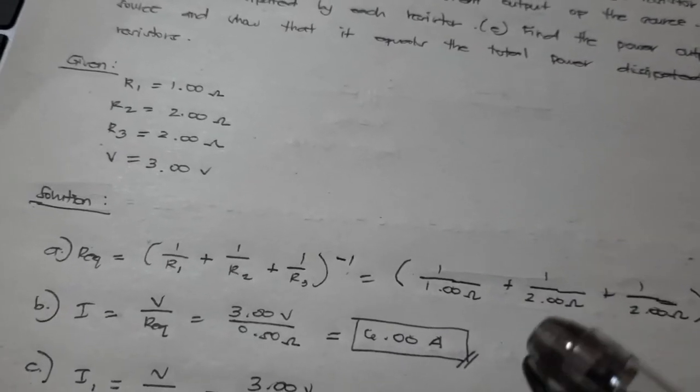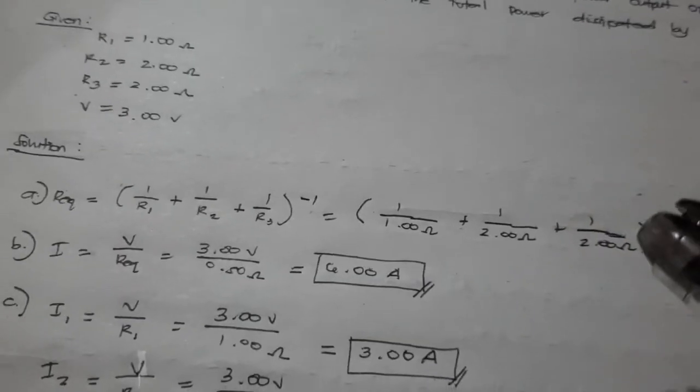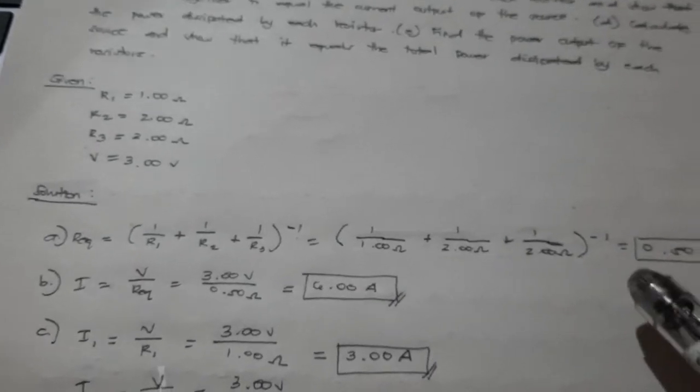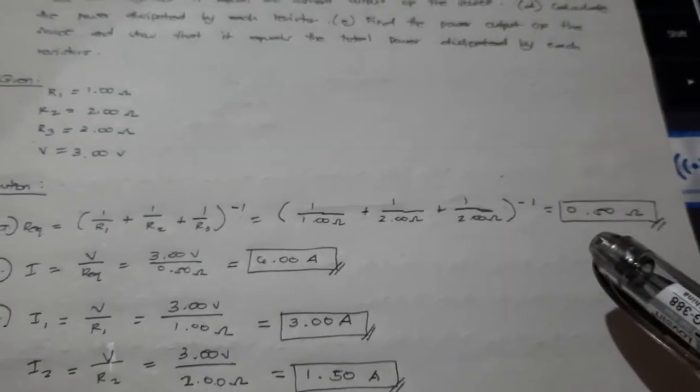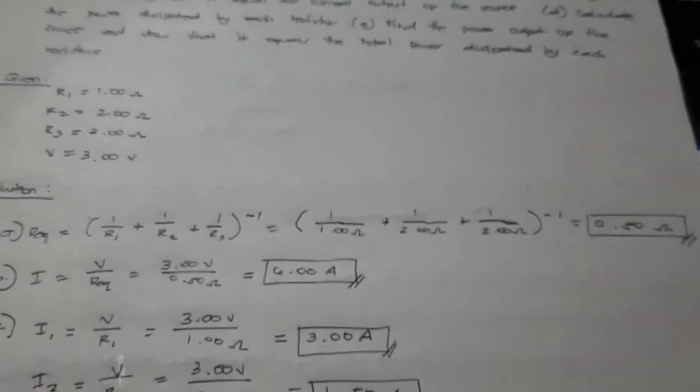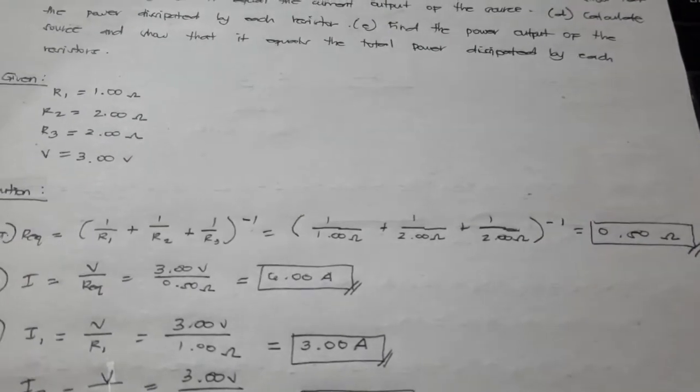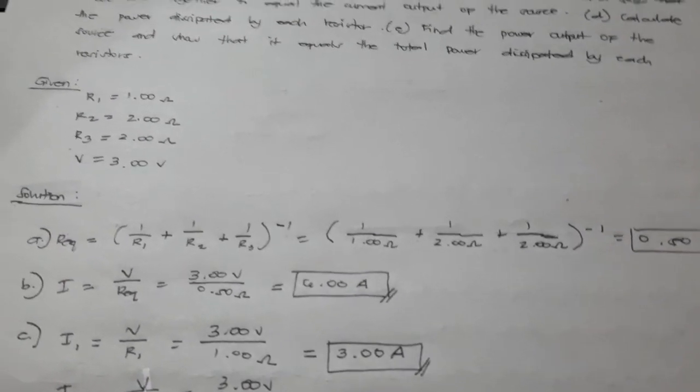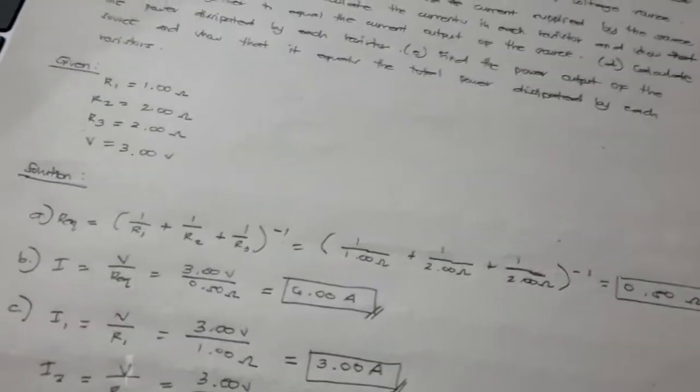Substituting, it equals 0.50 ohms. So it is simple, you just add them, the equivalent resistance, same as our problem set number 1.